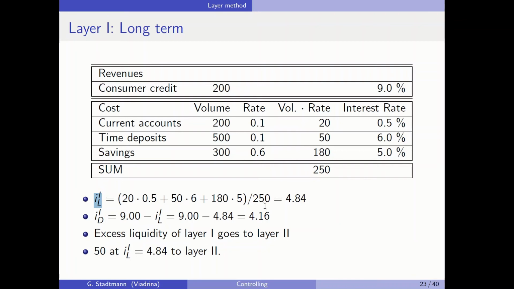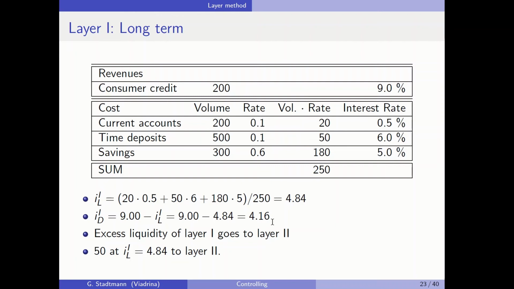So we get an average interest rate of 4.84%. Therefore, the overall profit margin for the first layer is equal to the 9% given from the assets, minus the weighted average interest rate for the liabilities, which is 4.84.